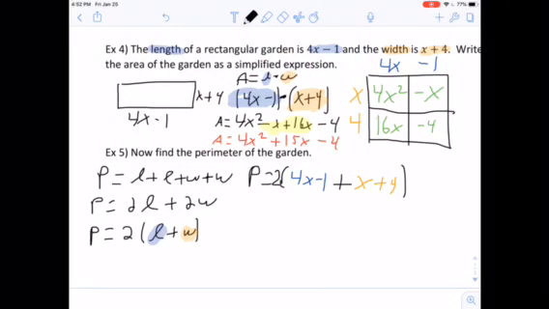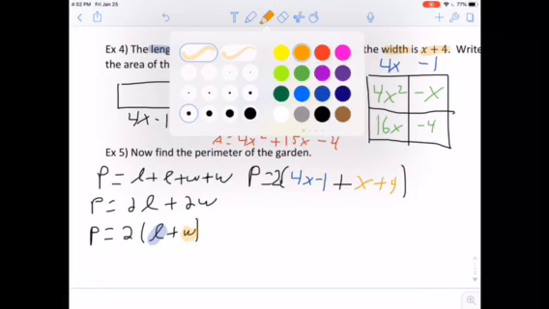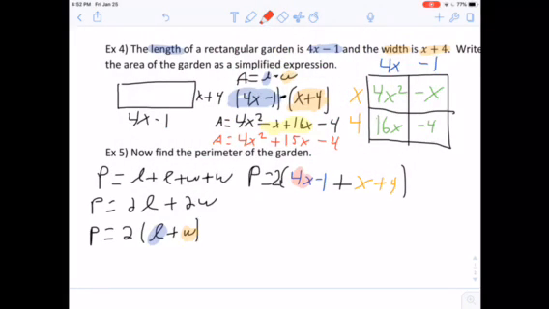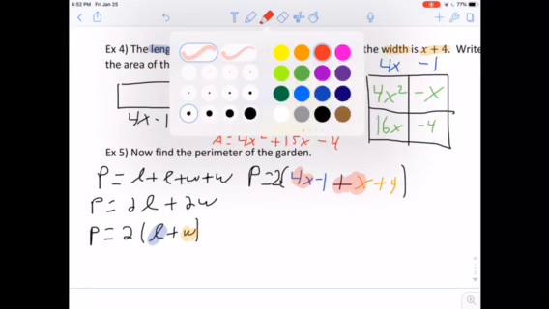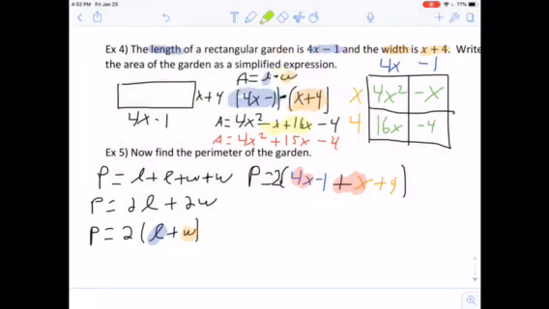Here, let's just combine a couple of like terms. The like terms that I can combine are the 4x with the x, and I can combine the negative 1 with the positive 4.